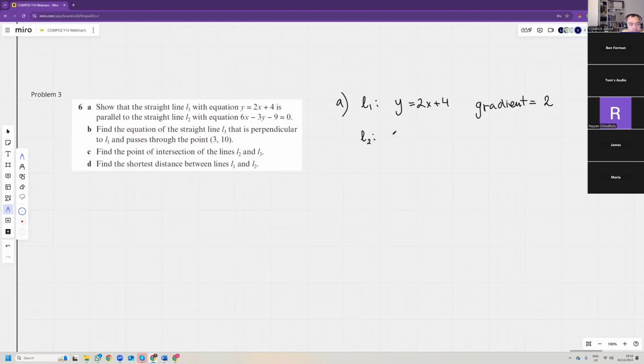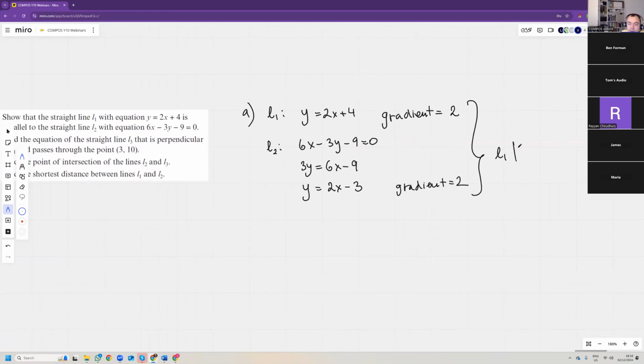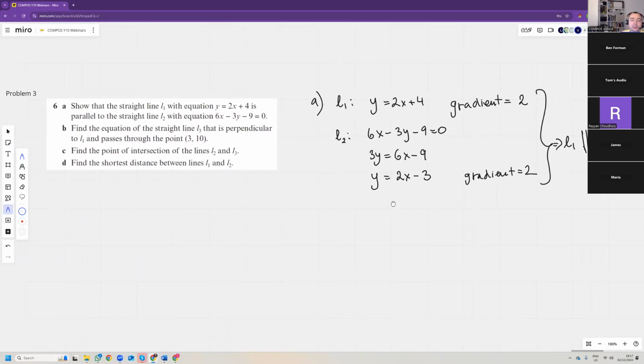L2 is 6x minus 3y minus 9 equals 0. And then make y the subject, so 3y equals 6x minus 9. Divide everything by 3. y is equal to 2x minus 3, and the gradient is 2. They have the same gradient. That means L1 is parallel to L2. Hence, L1 is parallel to L2.